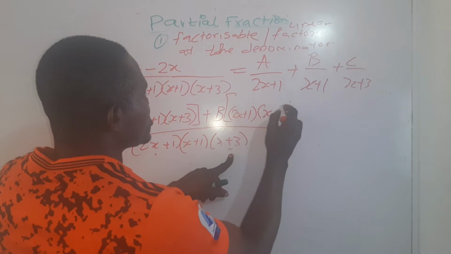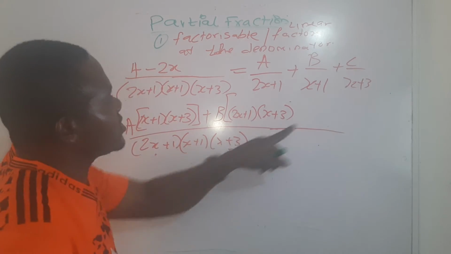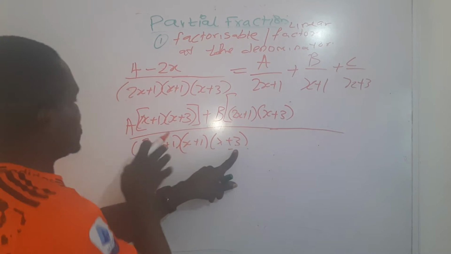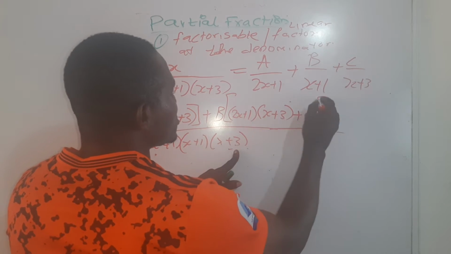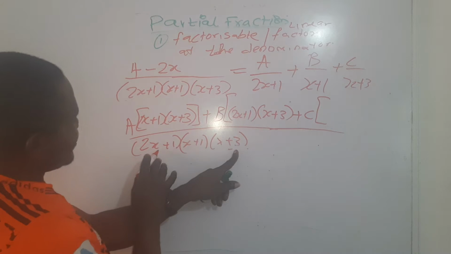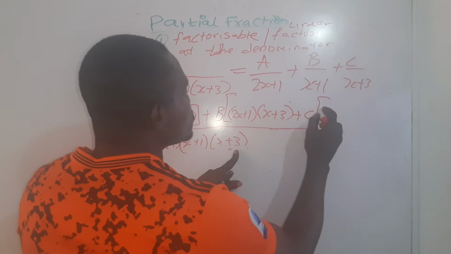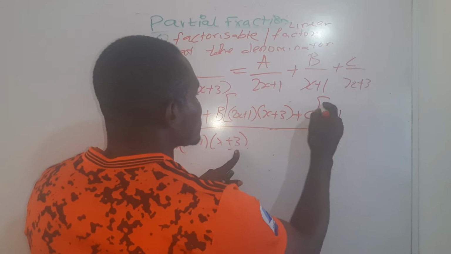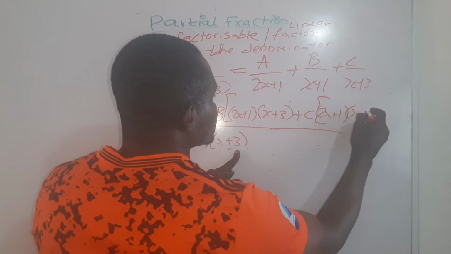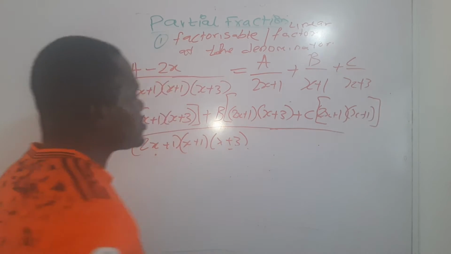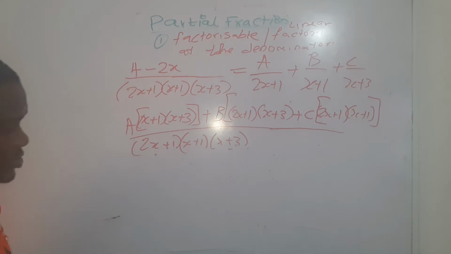Then if this has taken away this, you are left with these two for c, and this is the sign plus c into 2s plus 1 and s plus 1. You see now, so this is how you deal with them.